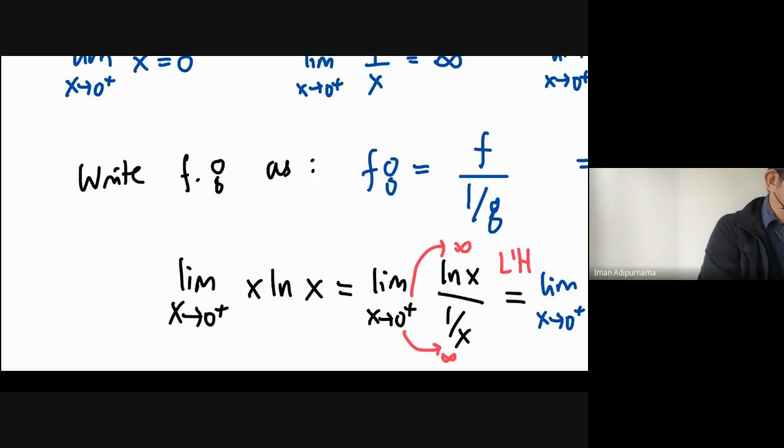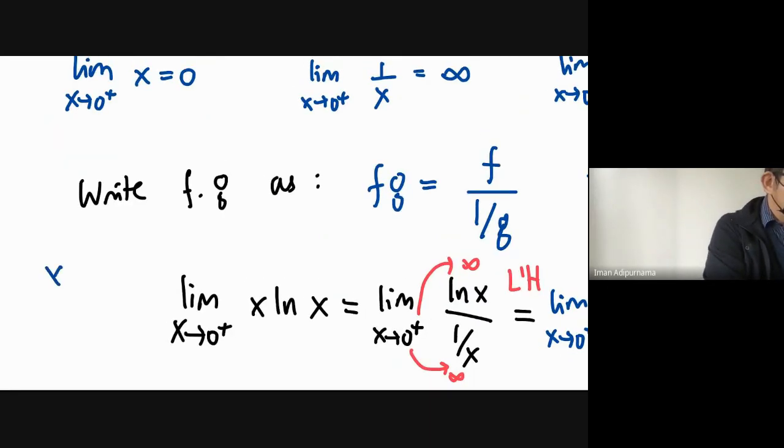Actually, you can also try if you want to check this. But if you go from this one here, you will get more complicated results. Okay, so I believe this will be a much simpler process rather than going this way.